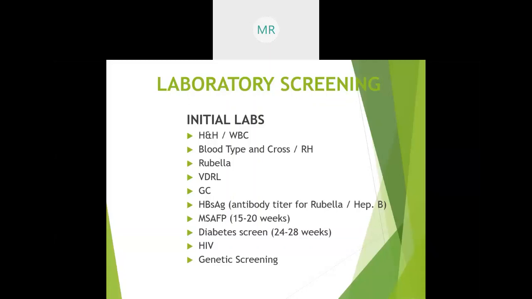She didn't have diabetes before, now she has diabetes in pregnancy. So this is called gestational diabetes. If 2 or more are high, so fasting 105, 1 hour is 190, 2 hours is 165, 3 hours is 145.